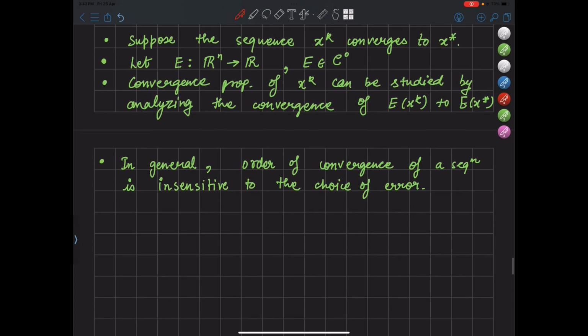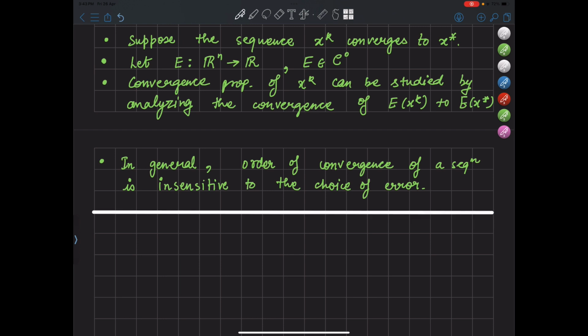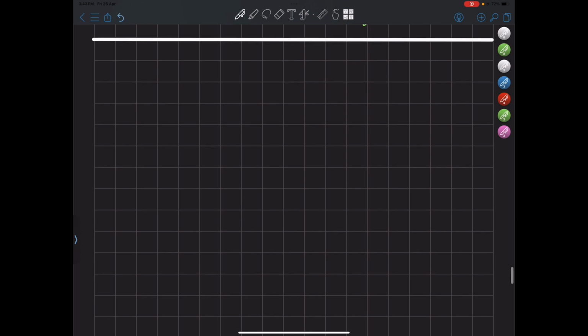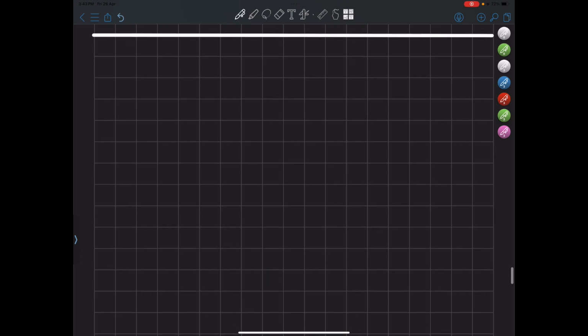Now, so this is what we have tried to answer. Two things we discussed till now. One was what can be the stopping condition, and the other was the convergence.